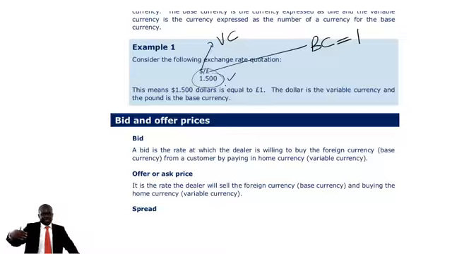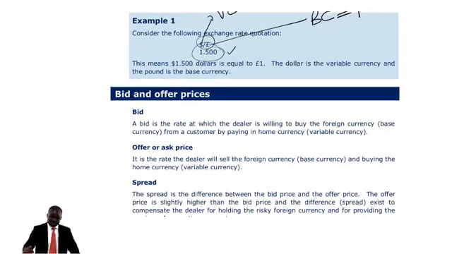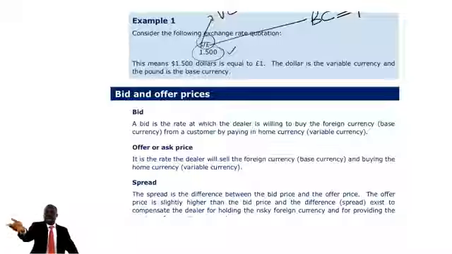What currency do we buy? If I have quoted $/£, indirectly the bank manager is saying my base currency is the pound, so I will buy pounds from you at $1.5 to £1. Or we sell at, which is the offer, meaning he is prepared to sell the base currency to you at that rate.